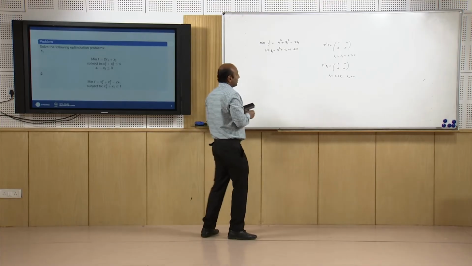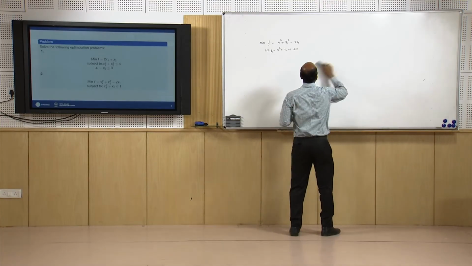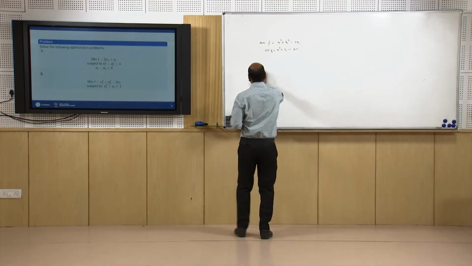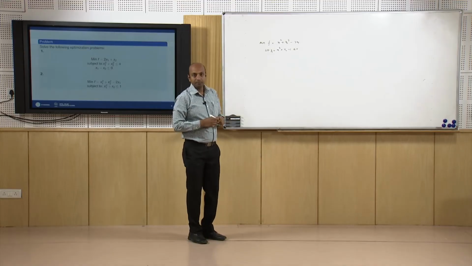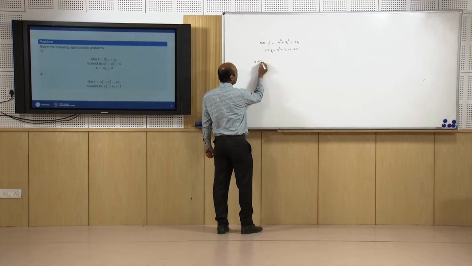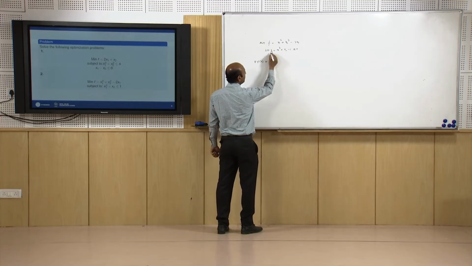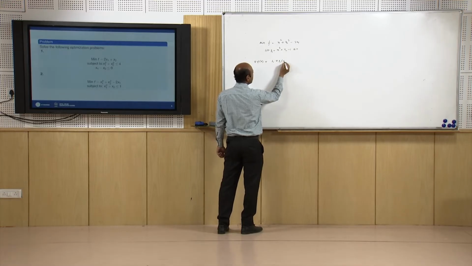Now, we will try to solve the KKT conditions, and the point which satisfies all the KKT conditions will be the global minimum point of this problem. So, what are the KKT conditions? Gradient of f(x) plus, here only one constraint is here, so lambda 1 gradient of g1(x) equal to 0.